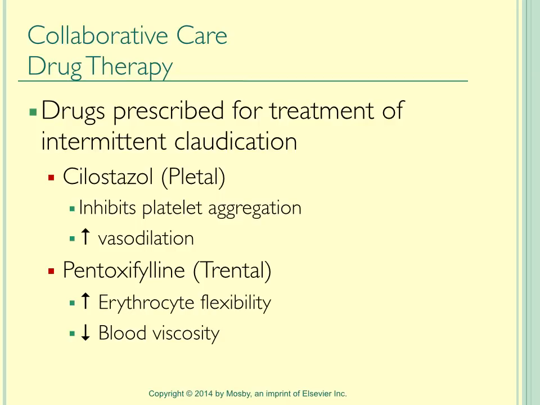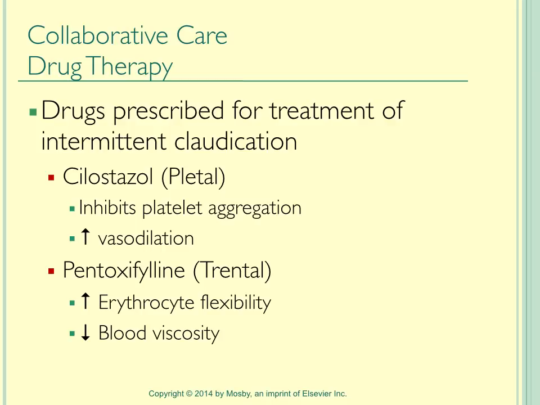Pletal is recommended as first-line drug therapy for patients with intermittent claudication who do not respond to exercise therapy and are not candidates for surgical or radiologic interventions. And what does it do?